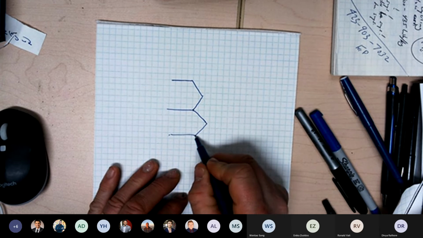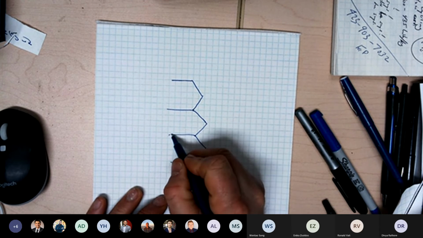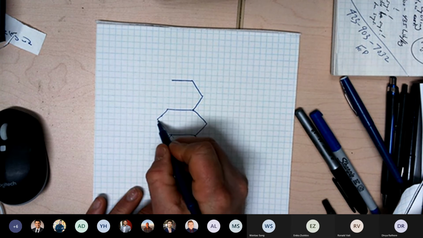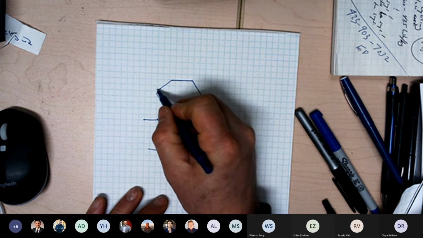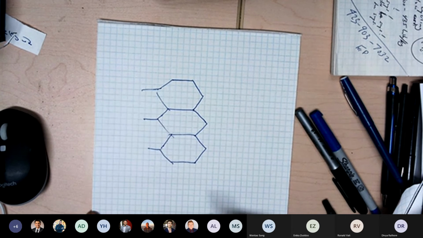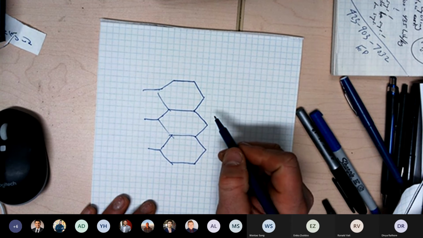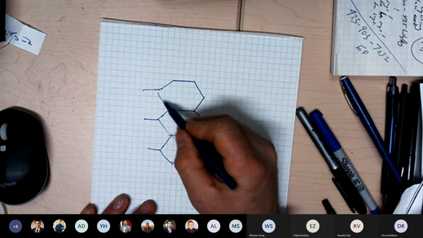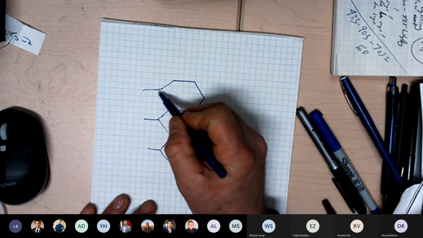We've got part of a graphene sheet at the edge like this. Okay, and I'm not going to draw it going off to the left. And these are aromatic rings.